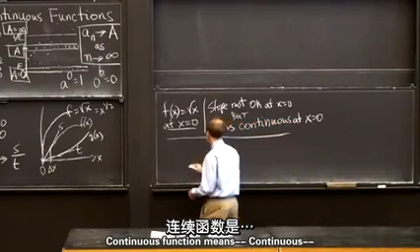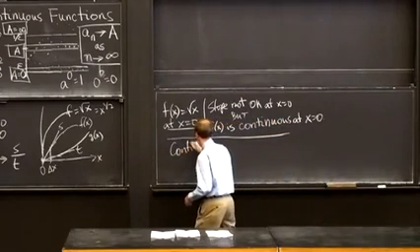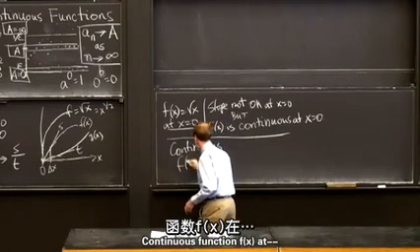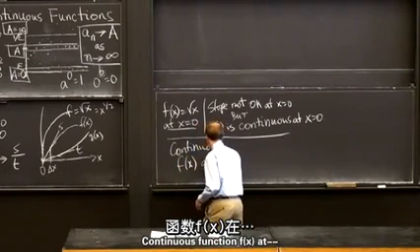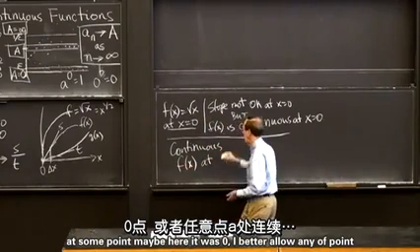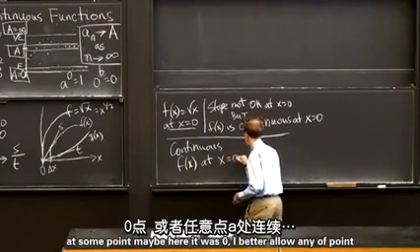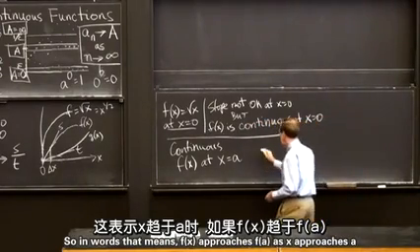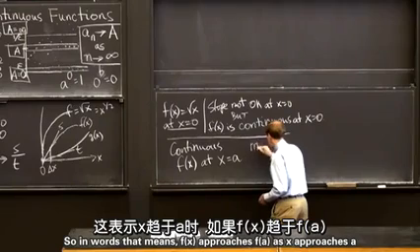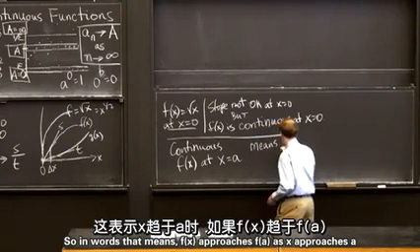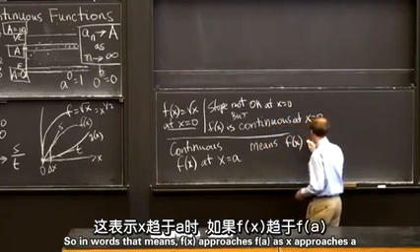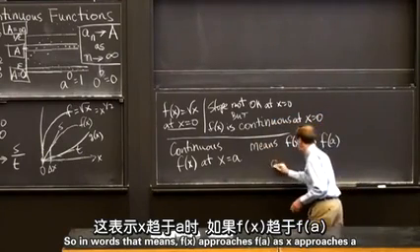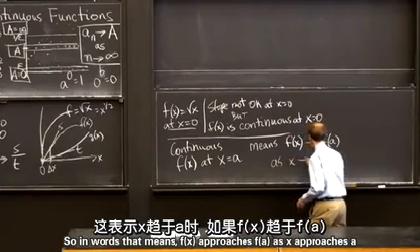All right, so what's a continuous function? A continuous function f of x at some point, maybe here it was 0, I better allow any old point. So in words, it means f of x approaches f of a as x approaches a.